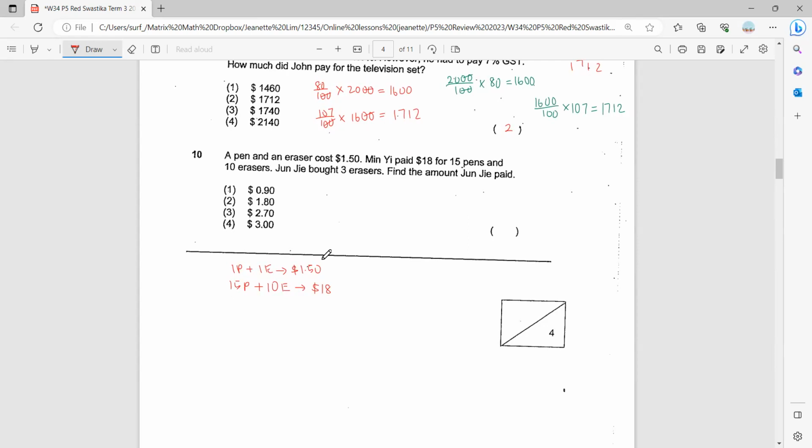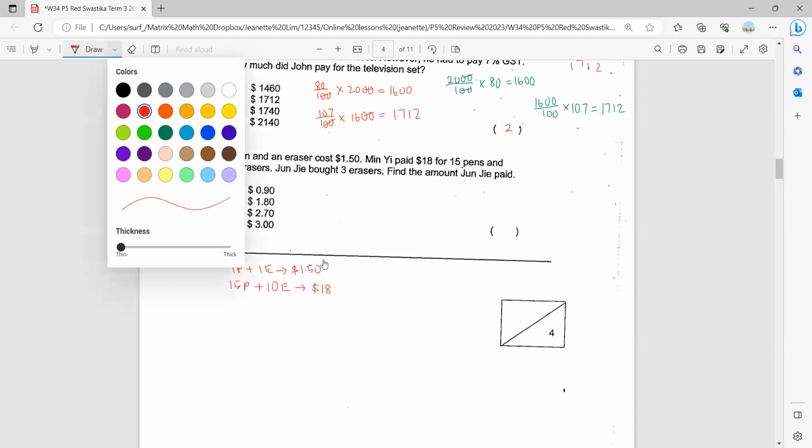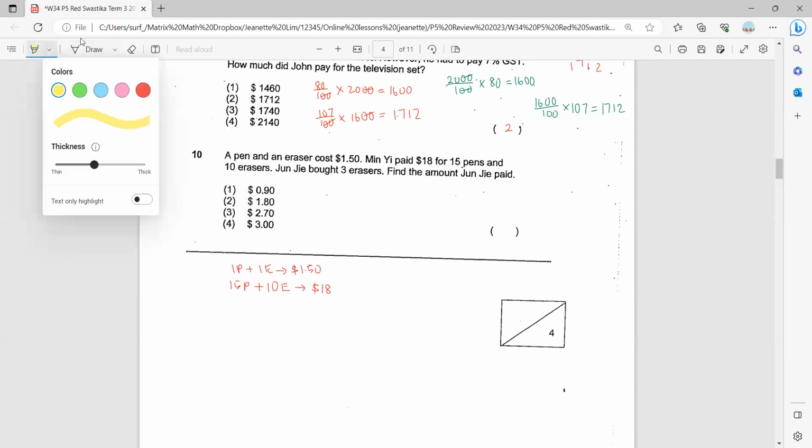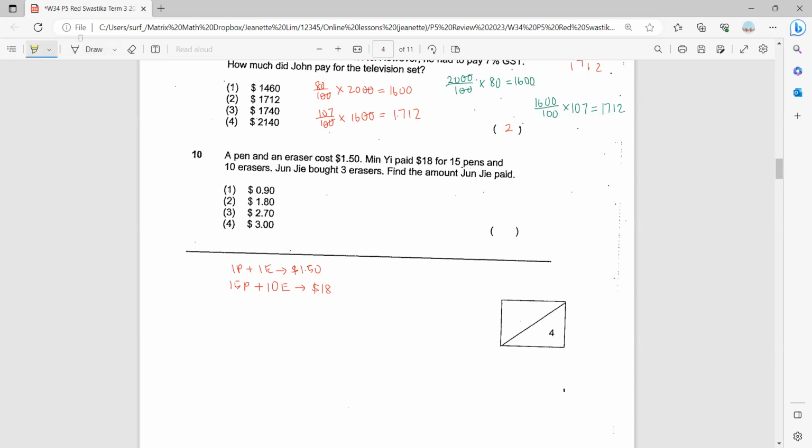So what we do now is make the number of erasers the same, so this and this are the same.